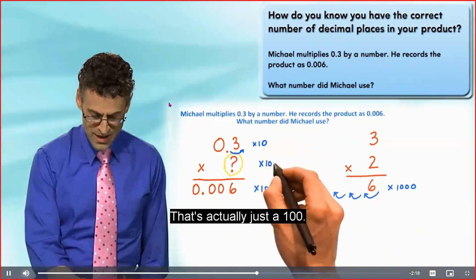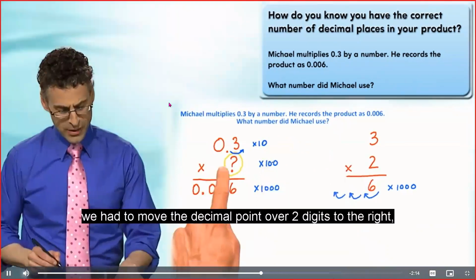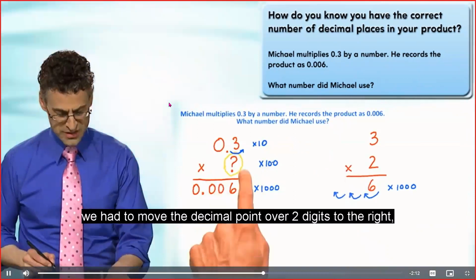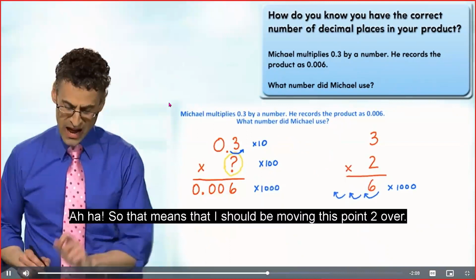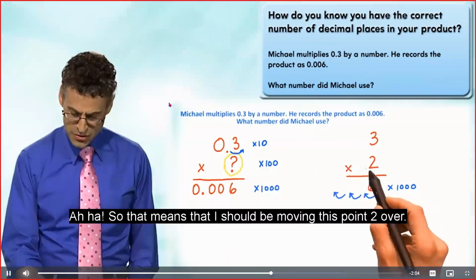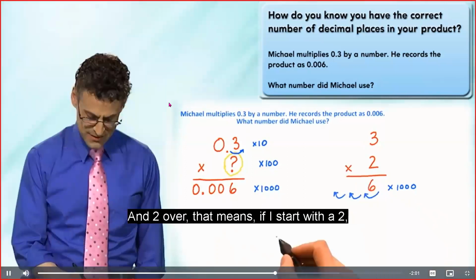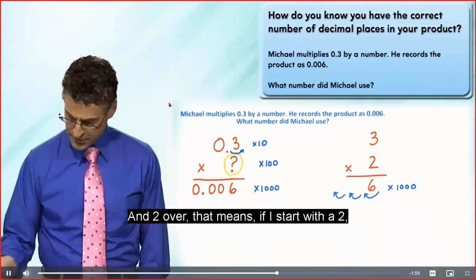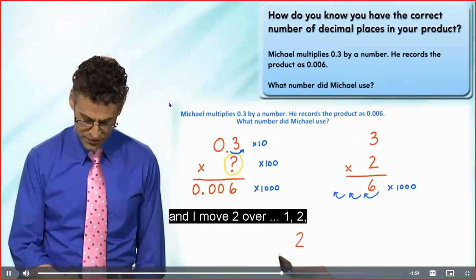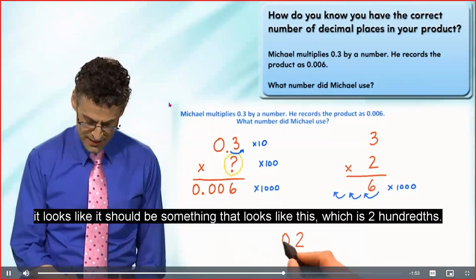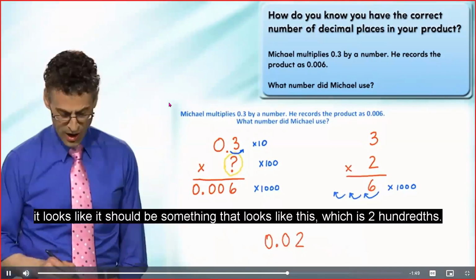So that means that whatever number is here, we had to move the decimal point over 2 digits to the right, because that's what multiplying by 100 does. Aha! So I should be moving this point 2 over. If I start with a 2 and move 2 over, 1, 2, it looks like it should be 2/100.